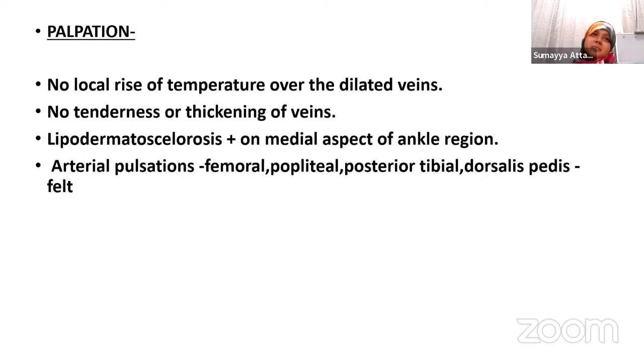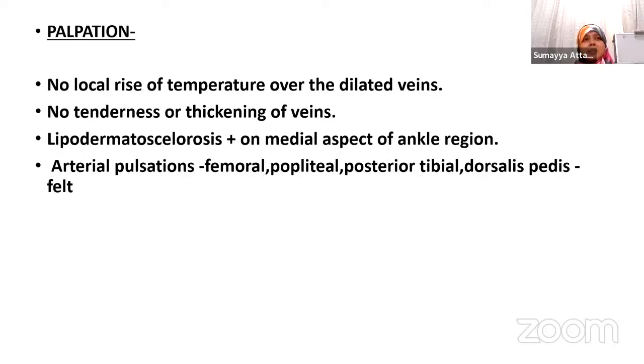Okay. In what all conditions do you get more temperature in varicose veins? Sir, when there is cellulitis, when there is thrombophlebitis, phlebothrombosis, when there is thrombus formation.